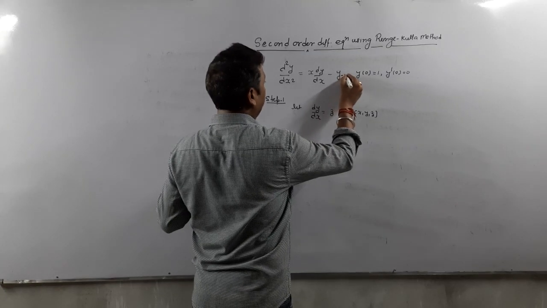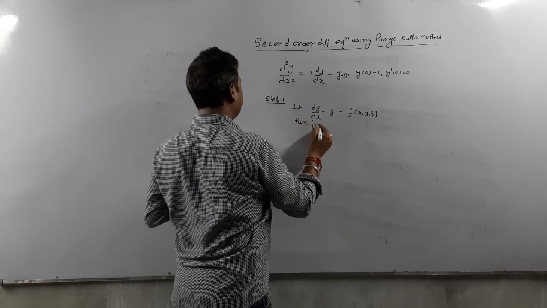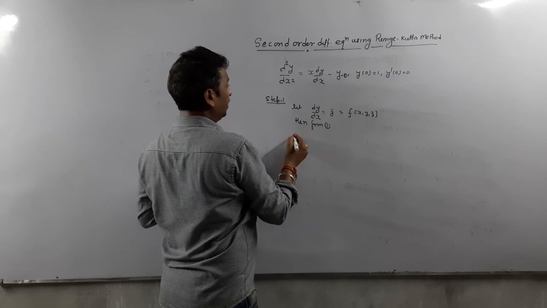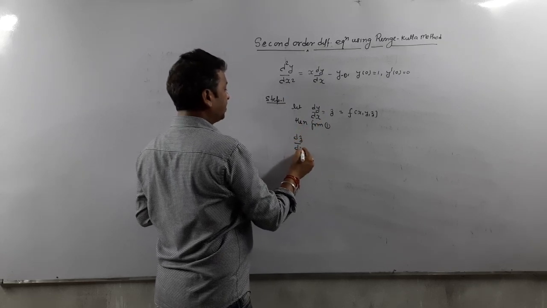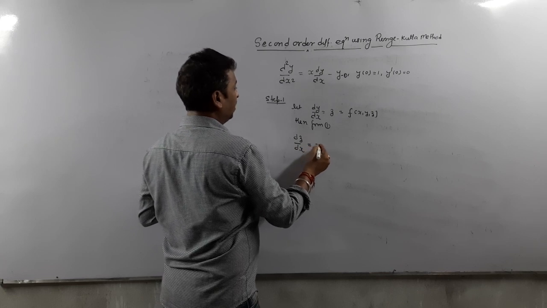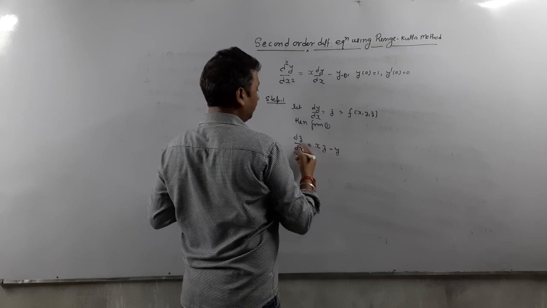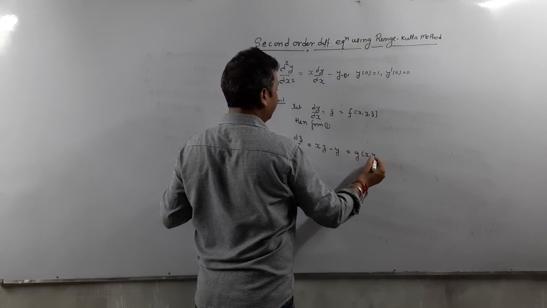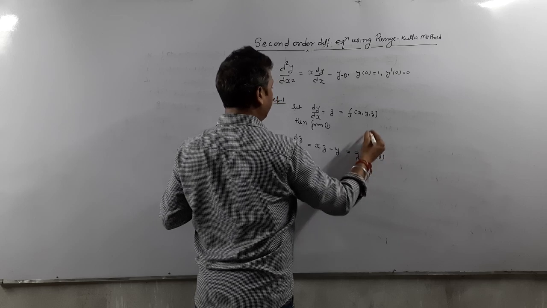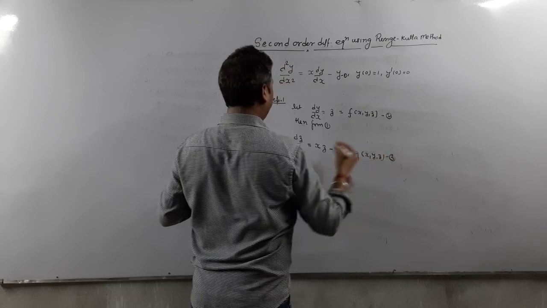If this is equation number 1, then from 1 we get d2y, which means dz/dx = xz − y. This is our differential equation, which we denote by g(x, y, z). This is equation number 2 and this is equation number 3.